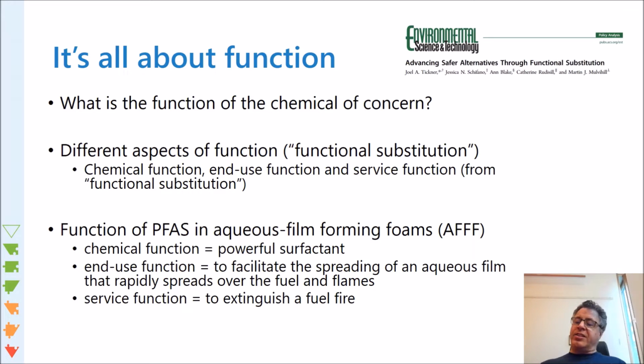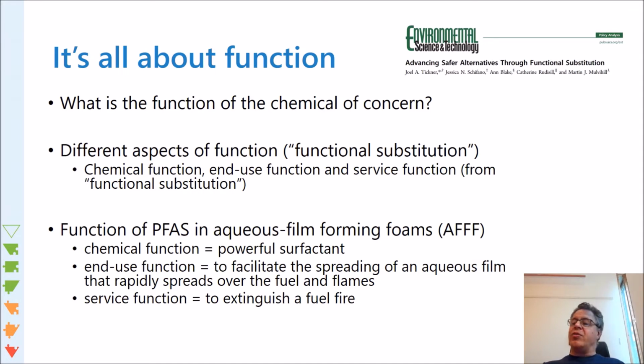When applying the essential use concept as we envisage it, it's all about function. So the first question to ask is, what is the function of the chemical of concern in a use case? And it should be noted that there are different aspects of function that need to be considered, as defined by Joel Tickner and colleagues in the concept of functional substitution.